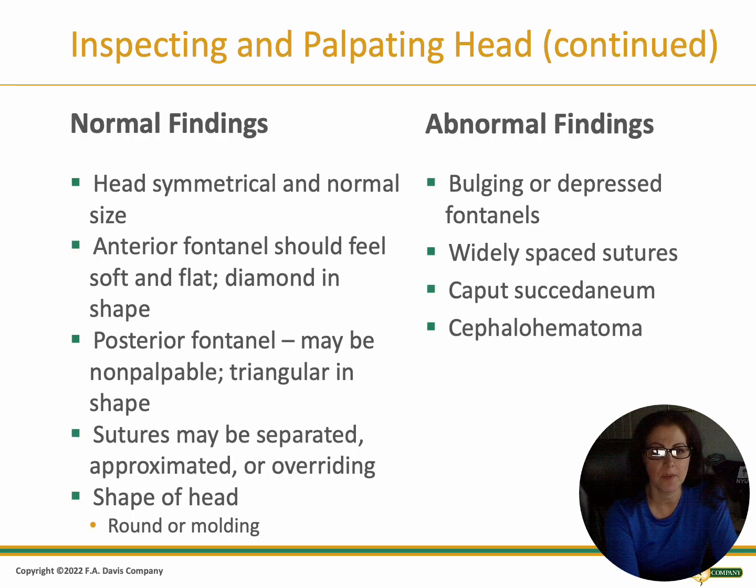The head should be symmetrical, normal, the fontanelle should be flat, and the sutures should be separated. Any evidence of bulging fontanelles could indicate trauma within the cranium, bleeding, or fluid. Any depressed fontanelles could indicate dehydration.